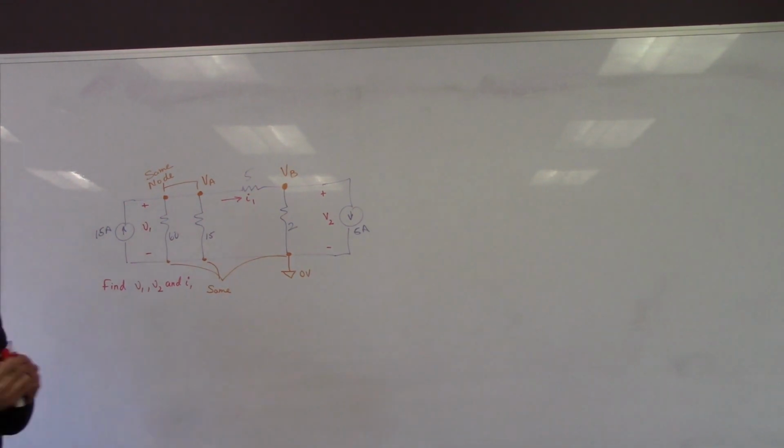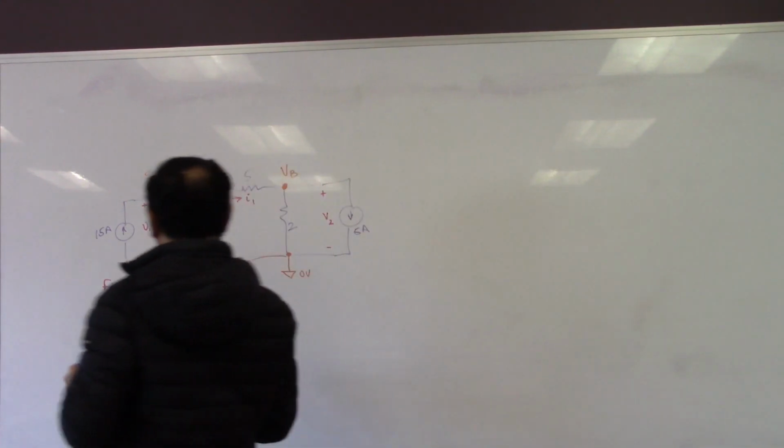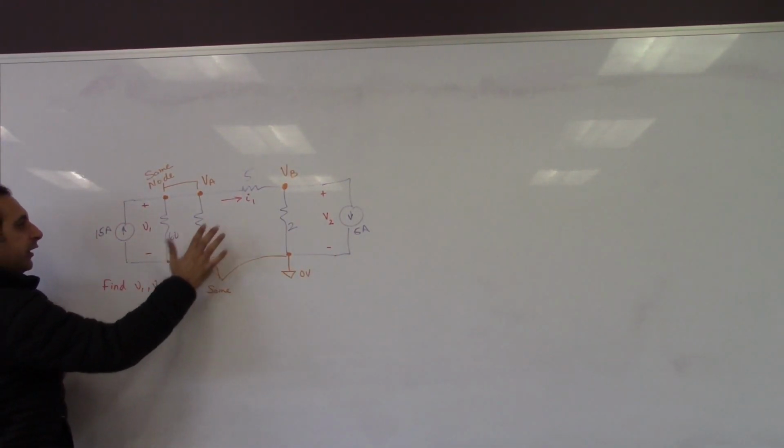Now, go ahead and write the expression. Keep in mind, at A there are 4 branches: 1, 2, 3, 4.